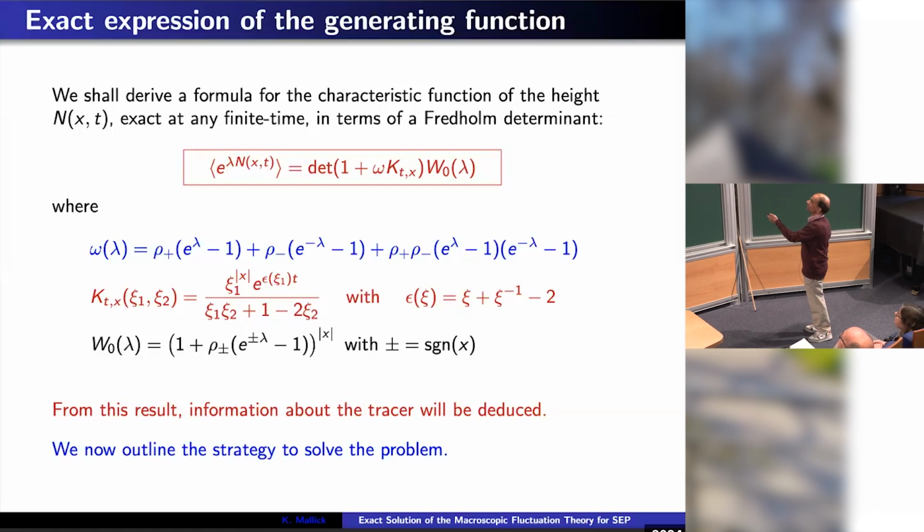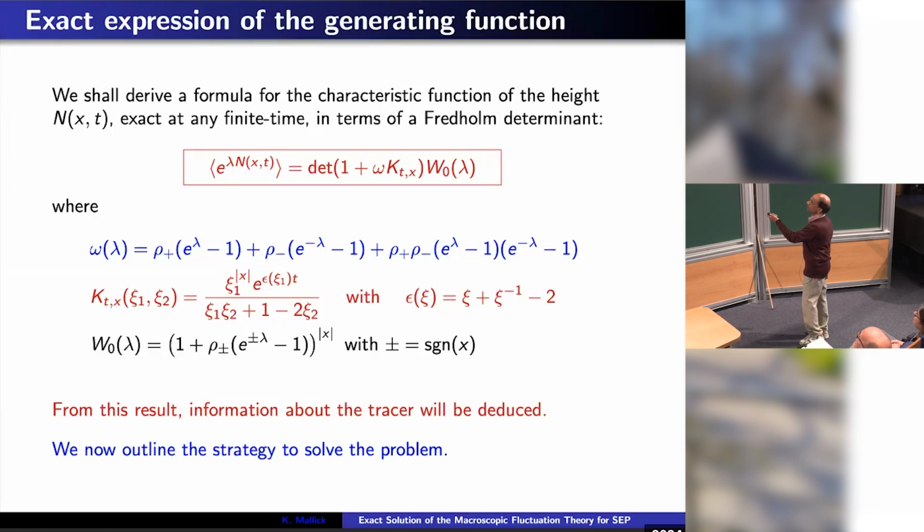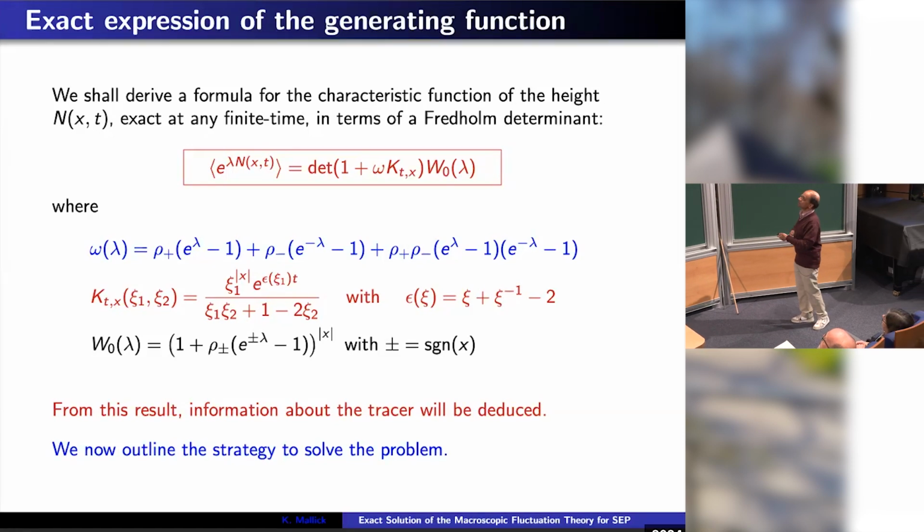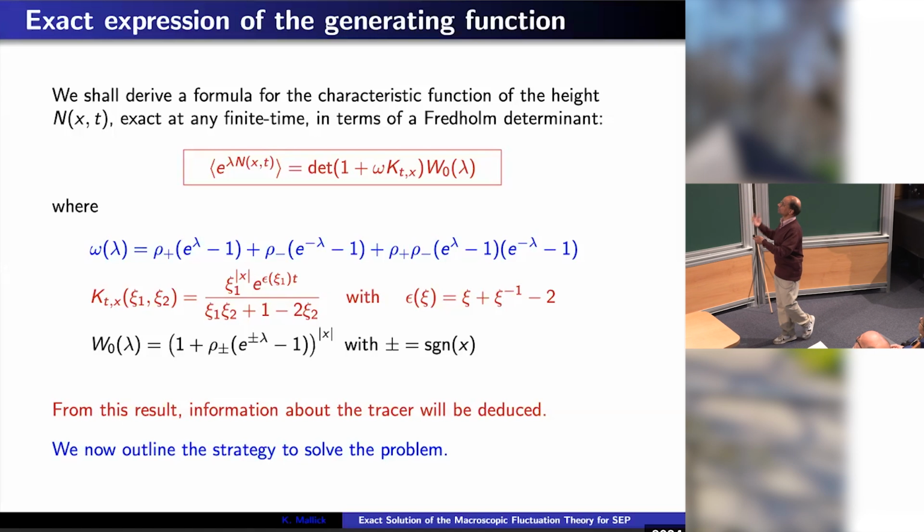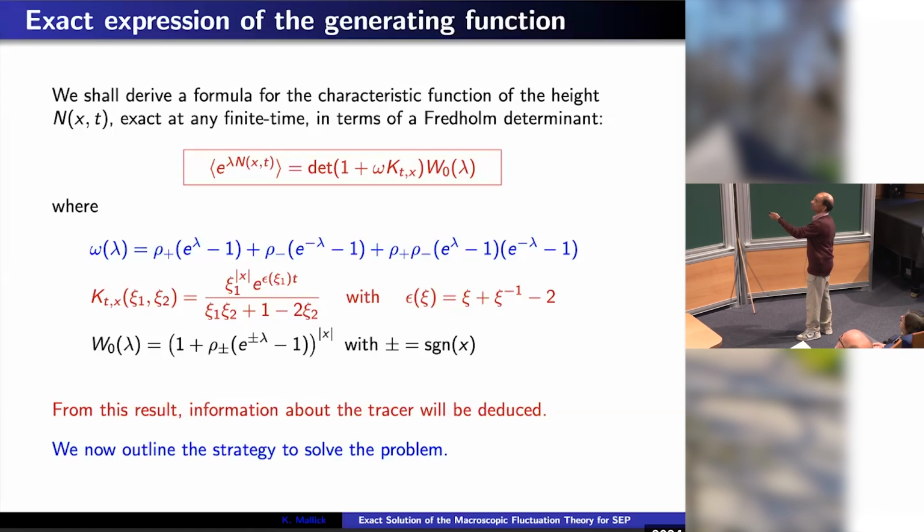And here there are a bunch of parameters. One important parameter is this omega function that appeared everywhere in these studies, in all papers by Thierry and Bernard Derrida, and other papers, even maybe by Bernard even before. So this omega factor contains the densities on the left and on the right, and this fugacity, this Laplace parameter lambda, in the form exponential lambda plus or minus 1, and so on.